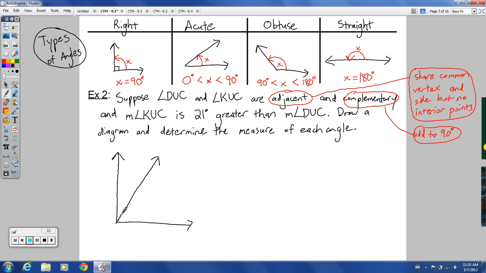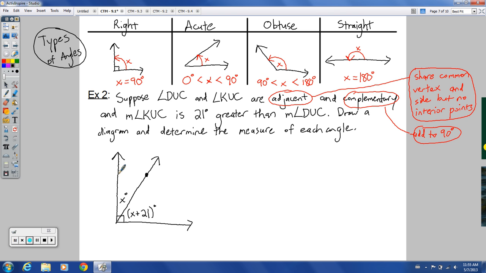So let's put a little box in the corner. The whole thing is going to be 90, but this part is going to be x plus 21. If I were to call this part x, this one would be 21 degrees greater. KUC is 21 degrees greater, so KUC is the larger angle compared to DUC.